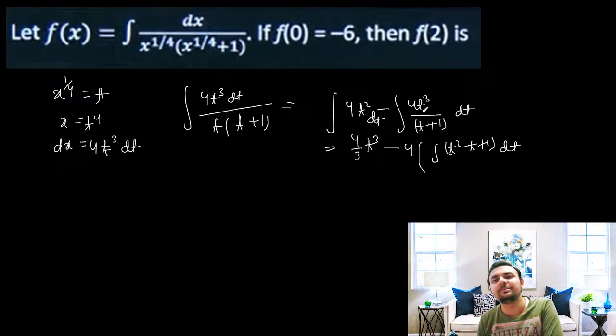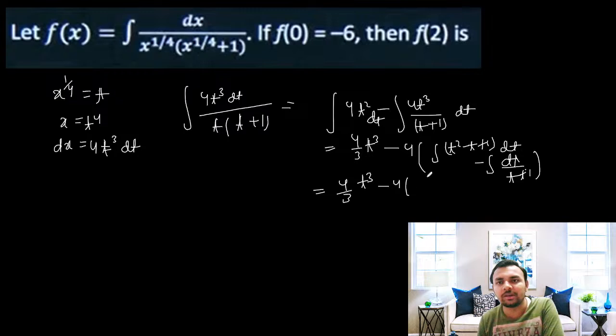Okay, so we did minus 1 plus 1, we got this thing, a cube plus b cube, and then we did minus 1, minus dt upon t plus 1.